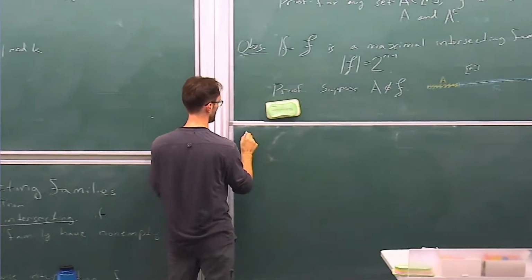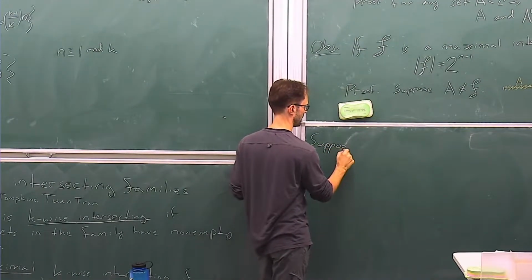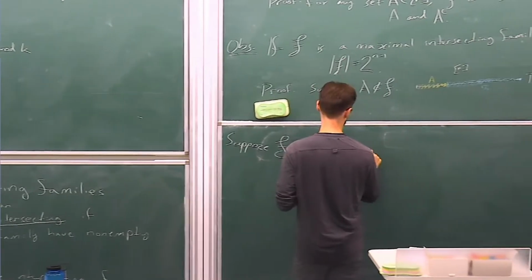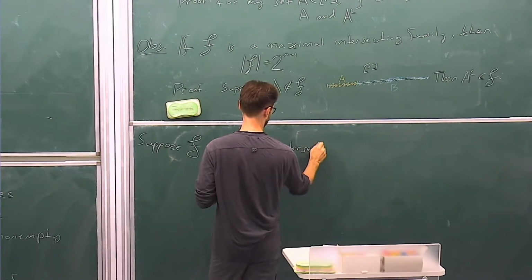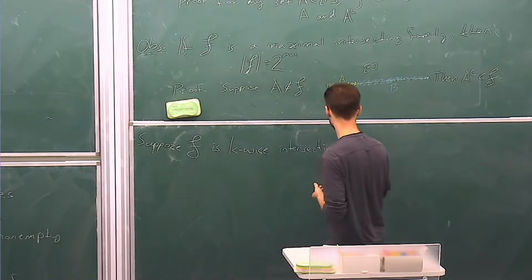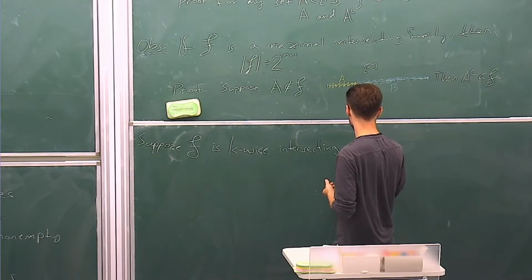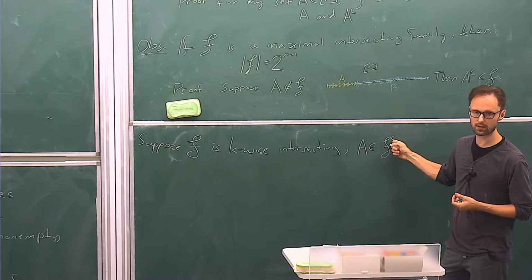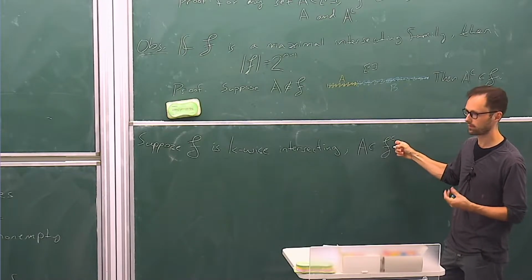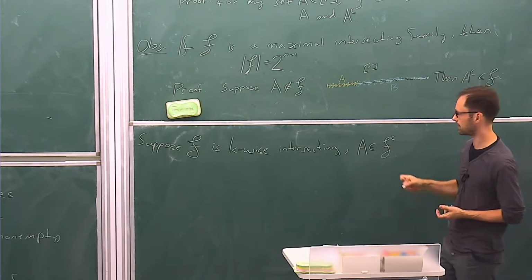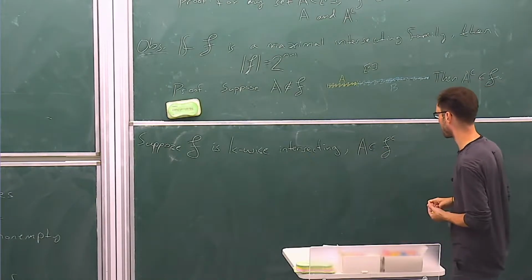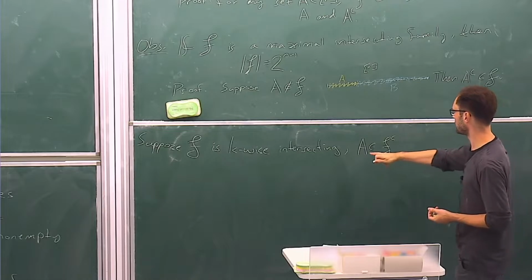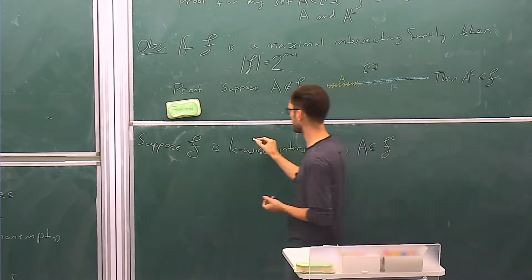So let's suppose F is k-wise intersecting and maximal, and A is not in F. I'm going to use this notation whenever I take the complement of a set or a family of sets: I'll just put the superscript C here. So this just means A is not in F.